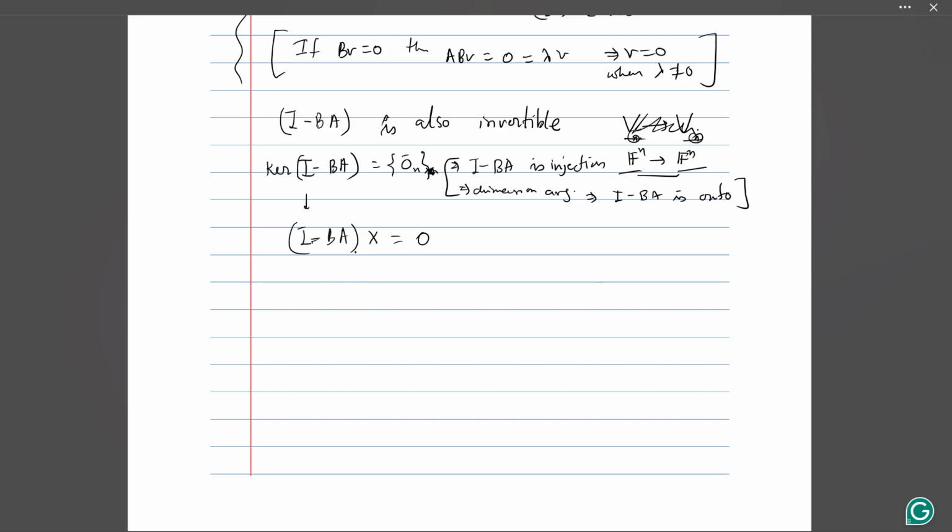Apply A from the left side. It will become A minus ABAx is equal to 0.